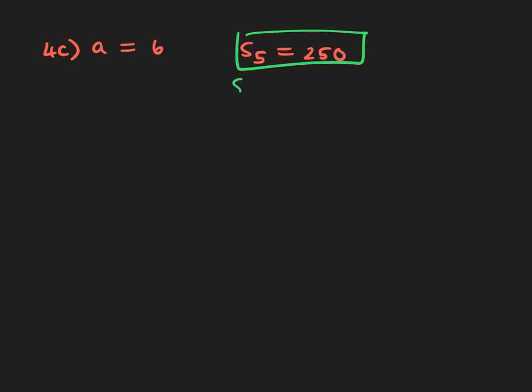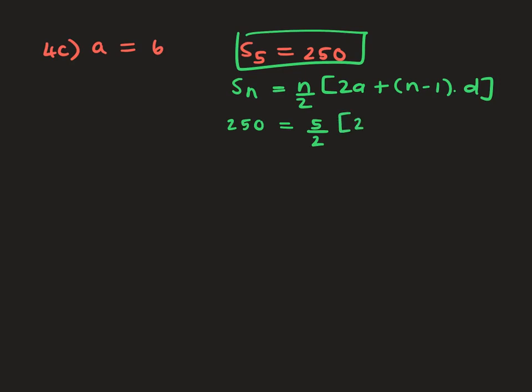So remember again, Sn is equal to n over 2, 2a plus n minus 1 times d. All right, and all we're going to do now is sub in the information that you do know. So I know that when I sum the 5 terms, I get 250. So Sn is 250 and n is 5. 2a, well, don't we actually already know what a is?